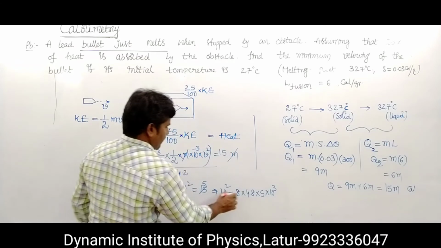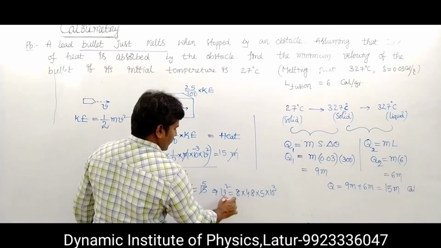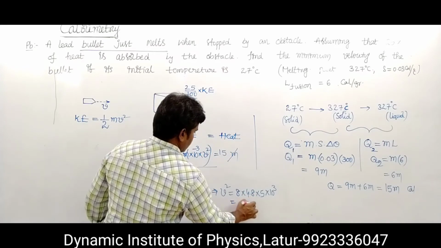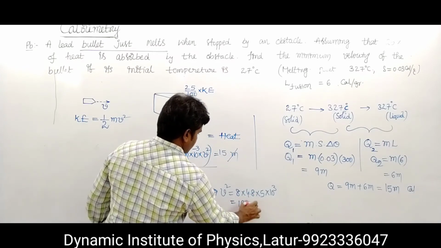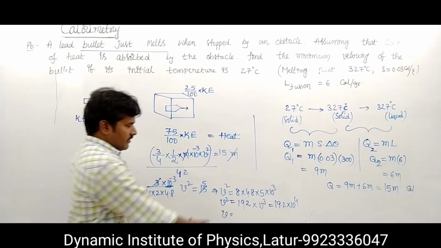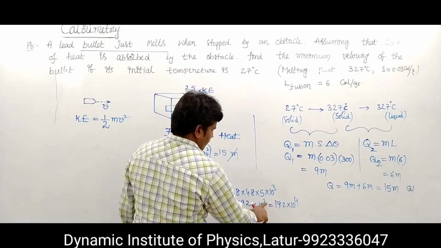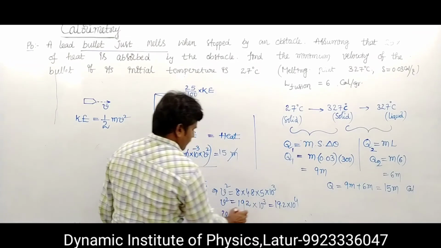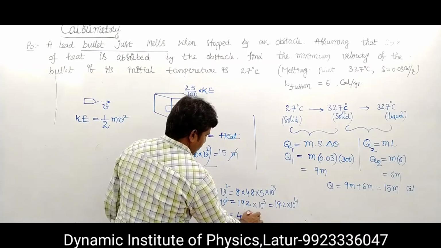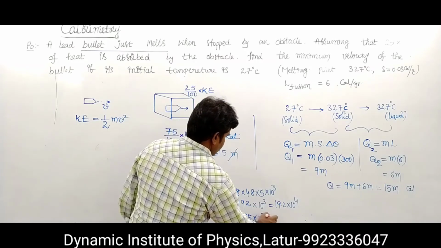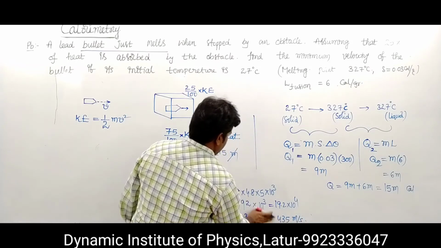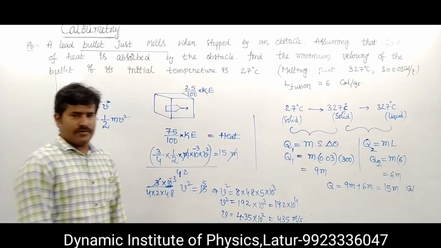Its value becomes 192 into 10 power 3, which is 19.2 into 10 power 4. Taking the square root gives 4.35 into 10 power 2, so the velocity equals 435 meter per second.